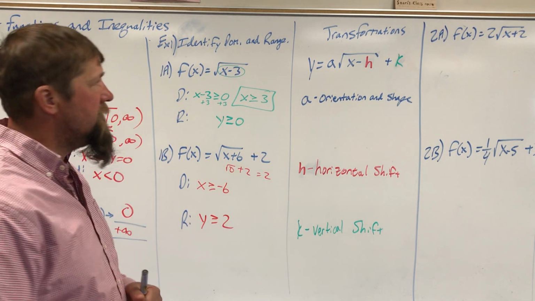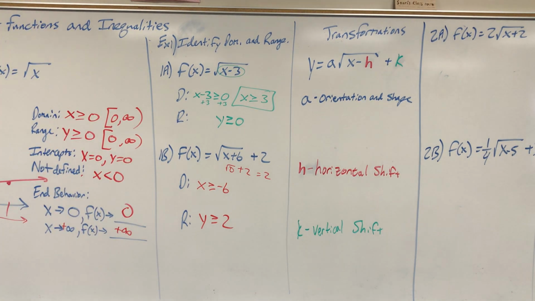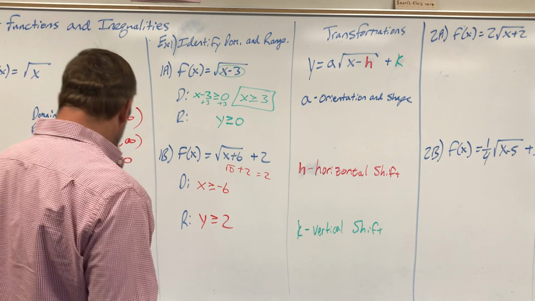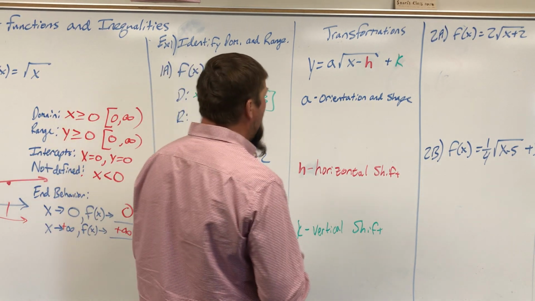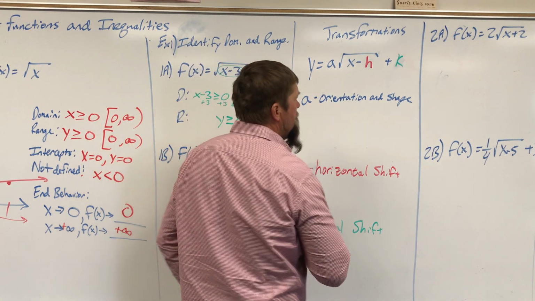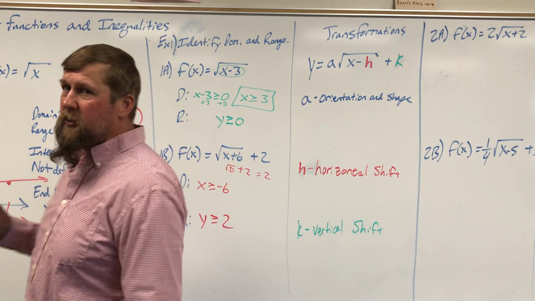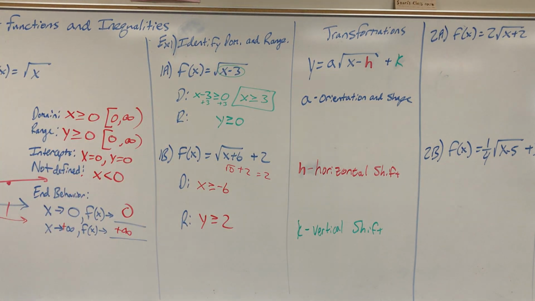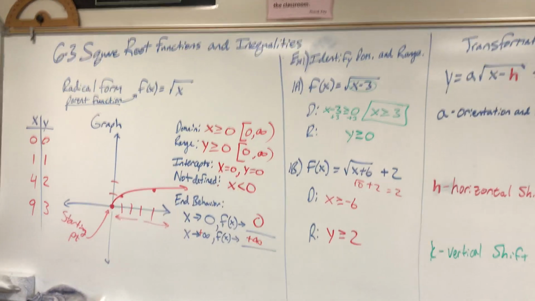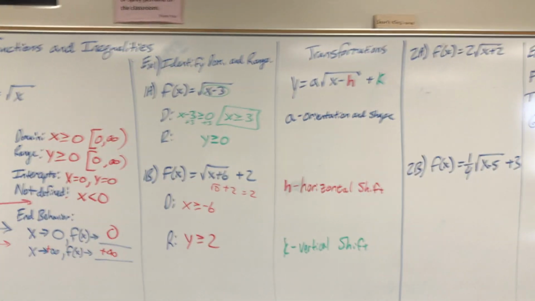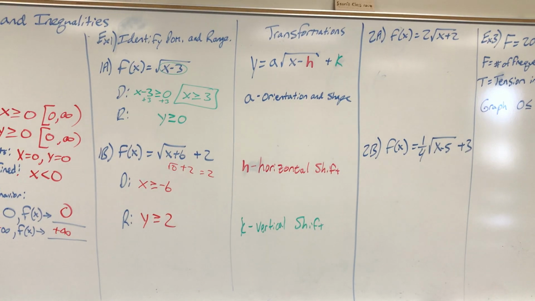All right, and that brings us to the transformations. We kind of already alluded to some of the transformations by just doing these couple examples. But A, remember, is the orientation or the shape of the graph. Now in the parent function, A is 1. Okay, what we just looked at back here at the parent function, A is 1.